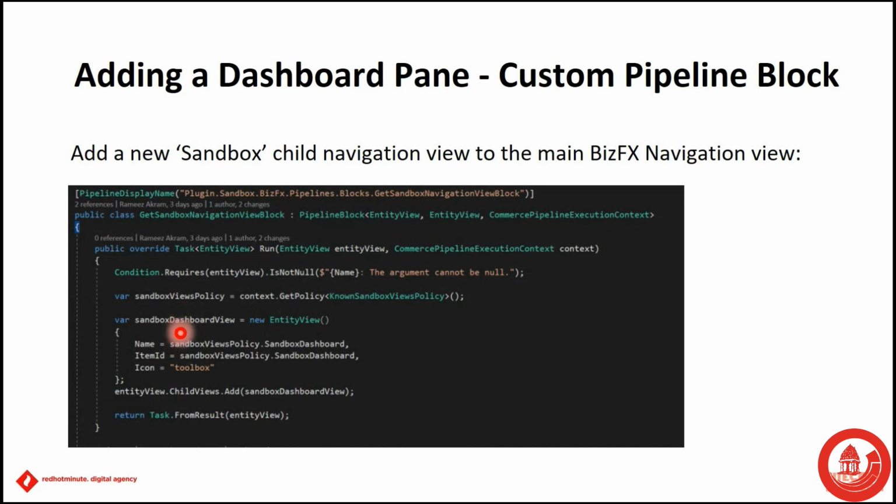In this case, we create a sandbox entity view. You supply a name, ID, and an icon. Once again, there's a set of icons you can use. I'll send you guys a link where you can find out what icons are available. So you can set the look and feel. Once you add the view, you add it to this particular entity view over here, which is the master, which is a navigation view.